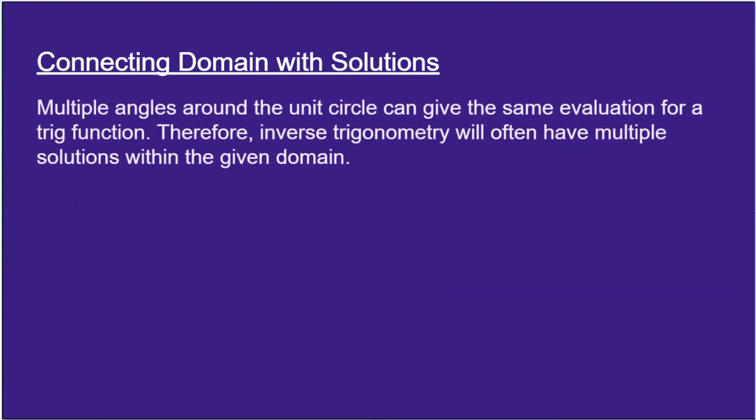Now remember, y'all, as I was saying before, multiple angles around the unit circle can give the same evaluation for a trig function. Therefore, our inverse trigonometry will often have multiple solutions within the given domain. Now, if you guys remember, domain in math means the set of all inputs which are allowed. An interesting thing that happens with domain, y'all, is that in a math problem, you will oftentimes be given a specified domain. It'll look something like this.